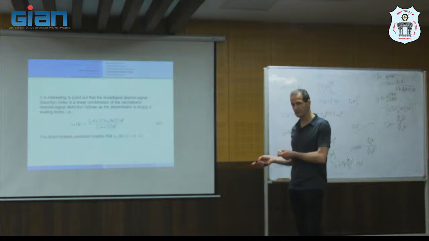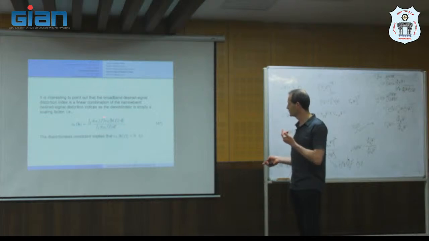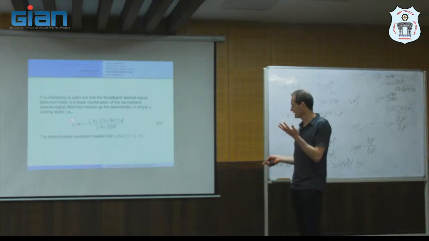You see it from this definition. But it also makes sense, because when you want to compute the normalized distortion index, you give more weight to distortion where the signal is strong.